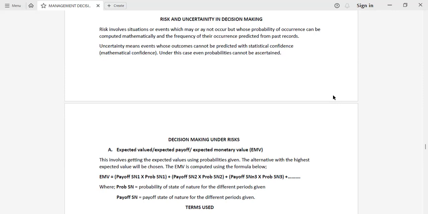say Arsenal and Manchester City had never met before, they have never played anywhere. You don't have any past record to benchmark your performance or what you assume may happen. In other words, it is their first time of meeting.